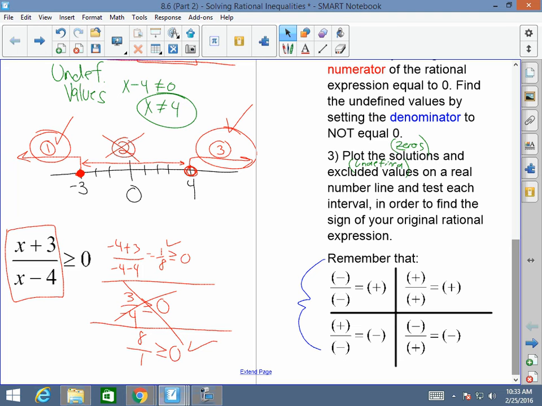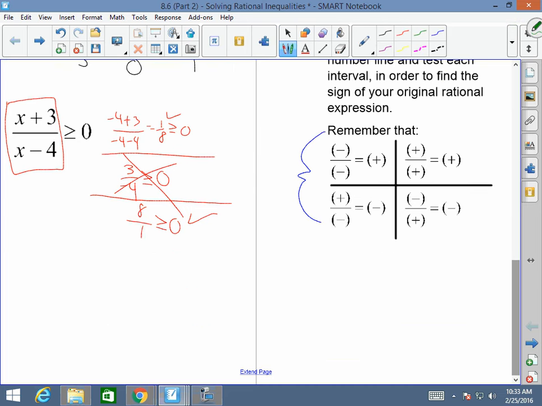So I know that my solutions can be less than negative 3 or greater than 4. So what is my solution here? I know that x can be less than or equal to negative 3, right? And or greater than 4, right?